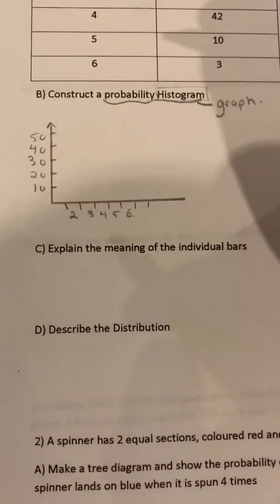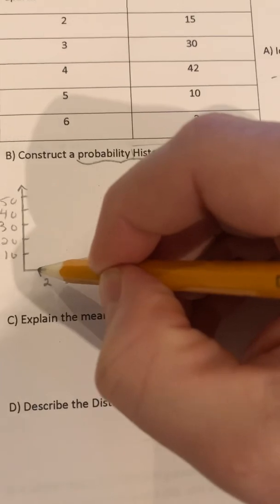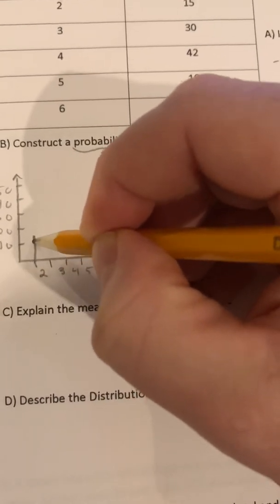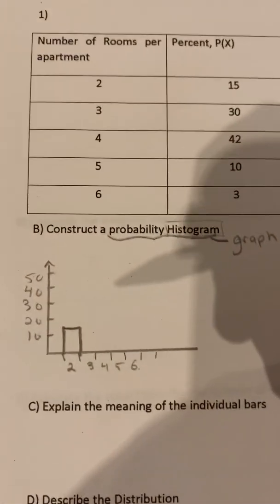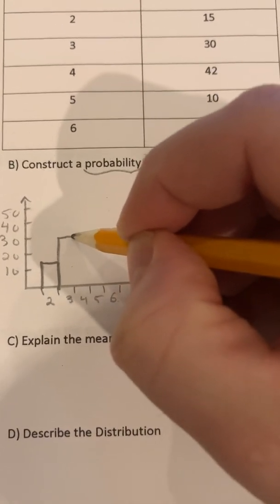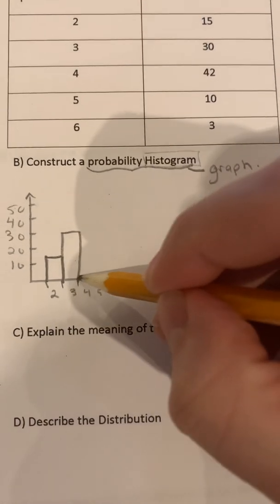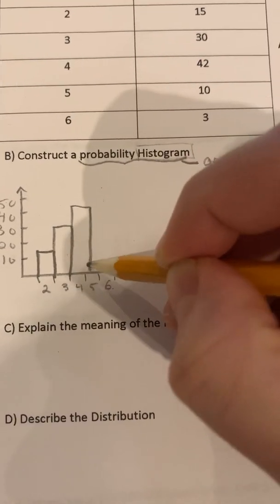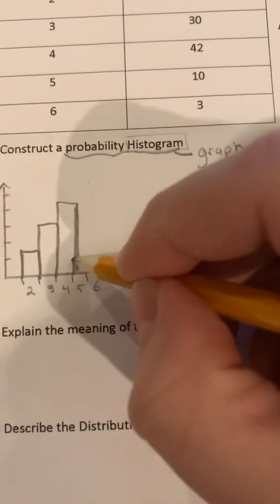Okay, so the first one is 2 rooms at 15%. Then we have 3 rooms at 30%. 4 rooms at 42%. 5 rooms at 10%.